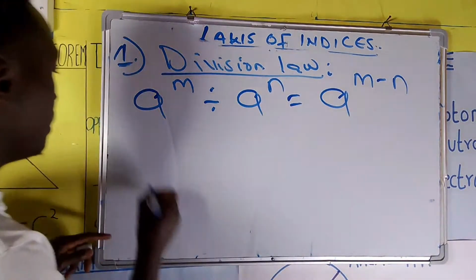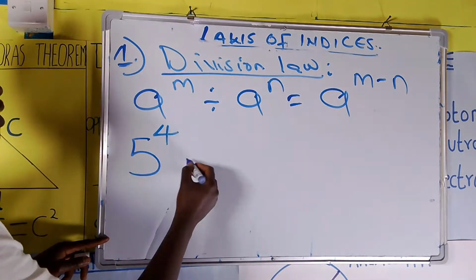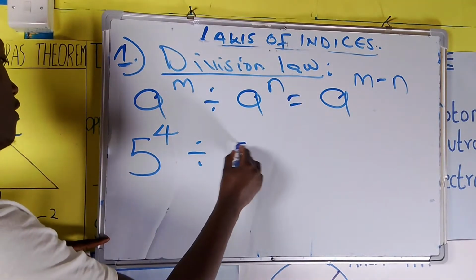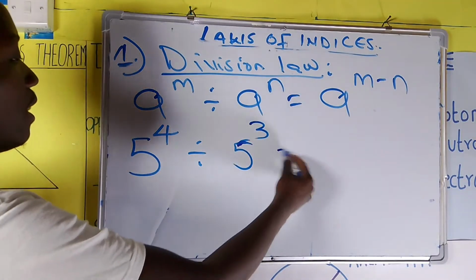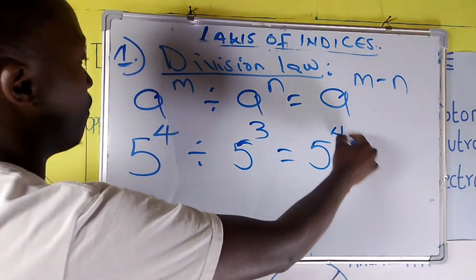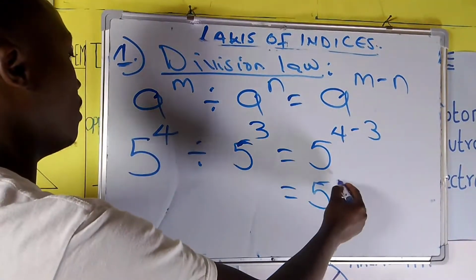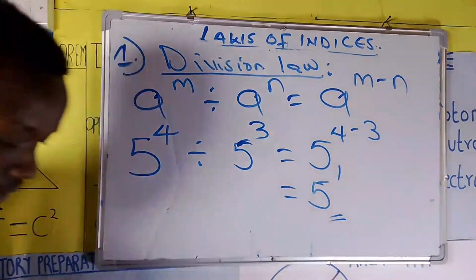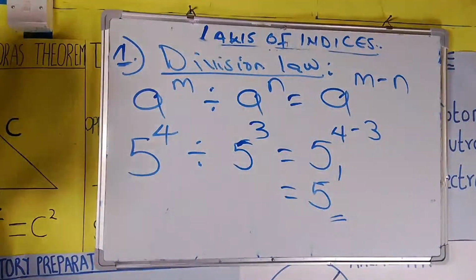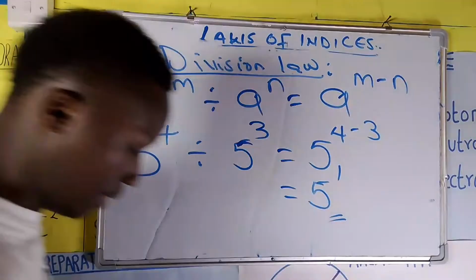So that simply means if we have a number like 5 to power 4 divided by 5 to power 3, that will be equal to 5 to power 4 minus 3, which will result in 5 to power 1.